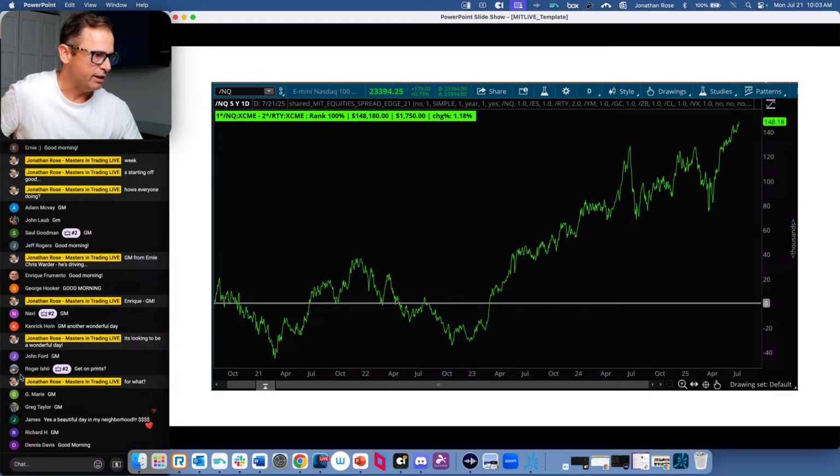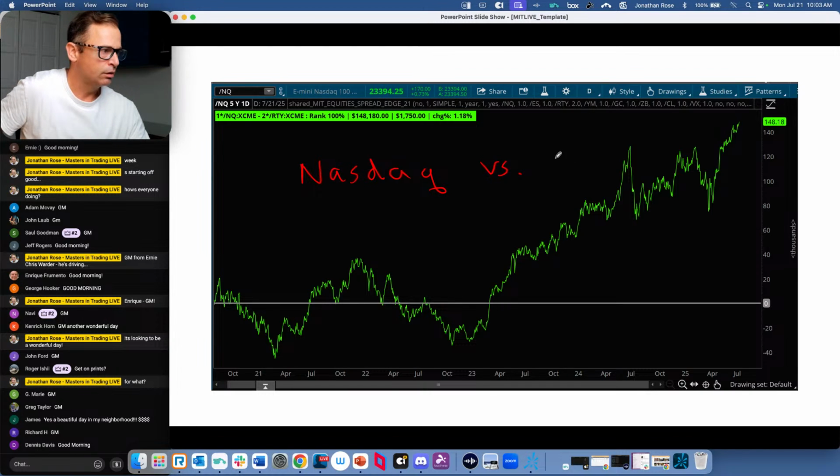Do you know what this chart is? It's Nasdaq, tech stocks, versus small caps, Russell. Okay, that's small caps. So we look at this, it's actually one Nasdaq against two Russ is the correct ratio. But what's going on here, we start here, we are right here right now.